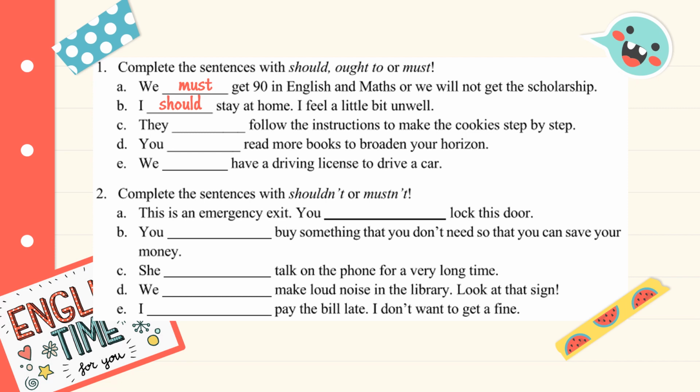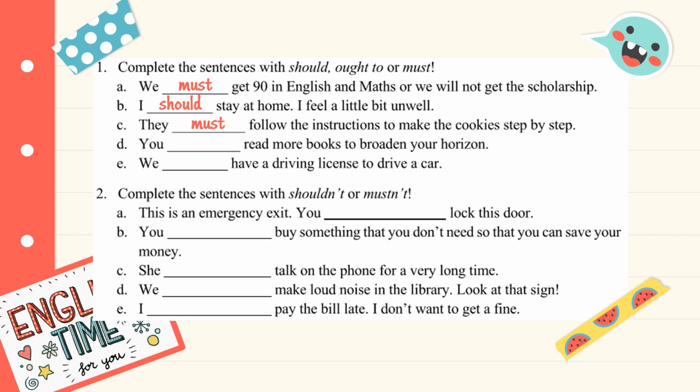Now, C. They blank follow the instructions to make the cookies step by step. Instructions. Okay? Do you have to follow it? Yes. To make the cookies good and delicious, you must follow the instructions. So the answer must be must.